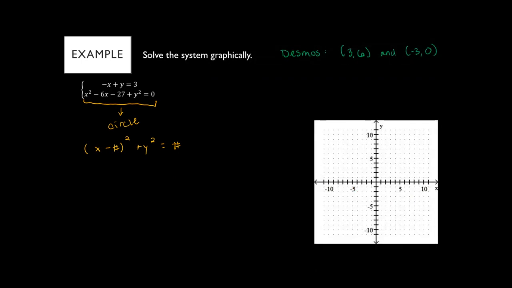So there's our solutions. And if you wanted to try to solve this one by hand, you'd have to use substitution. If you solve the first equation for y, you could plug that into the second equation. Then you have to square it, which means you have to FOIL something out. Then you have to add all of your like terms.